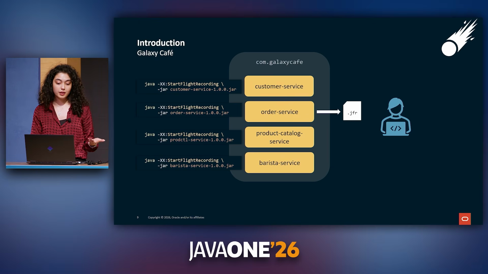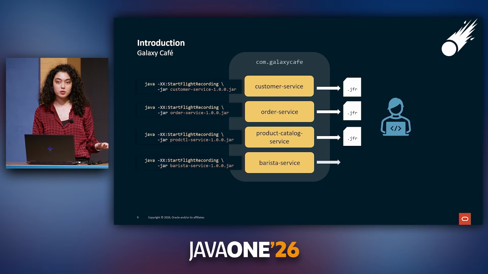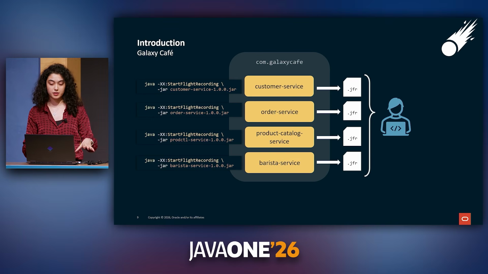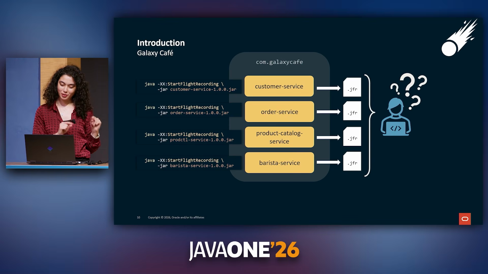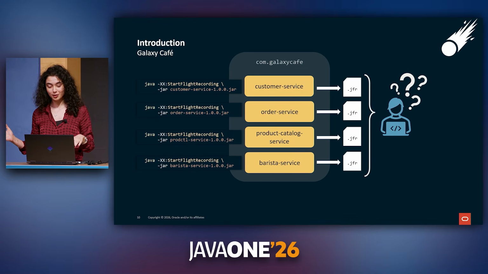It might be in the customer service or in product service or somewhere else. And in that case, we need the recordings from those services as well. And by the time we discover that the issue in the order service is not caused by the order service, but maybe it's in another service, then maybe the actual problem might already be gone.